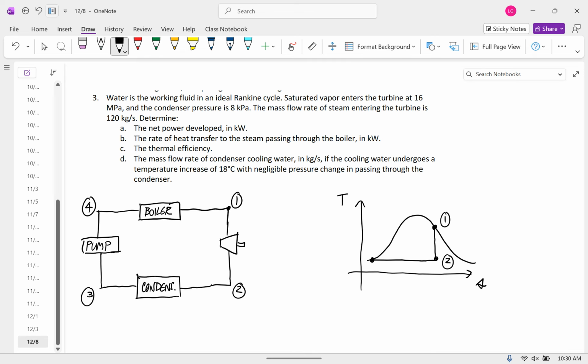Then it goes through the condenser. Then it stays a liquid. It goes from a saturated liquid to a compressed liquid as it goes through the pump. And then there's the last stage. Okay, so the benefit of this diagram is that you can tell what the phases are of all of these things.